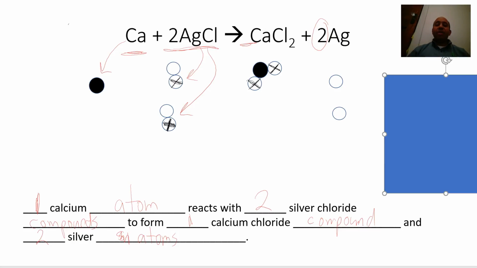Again, the ratios are exactly correct because they're exactly the same as in the given reaction, because on the reactant side, it was one calcium to two AgCls. If we double the Cas and we double the AgCls, we'd get double as much product.